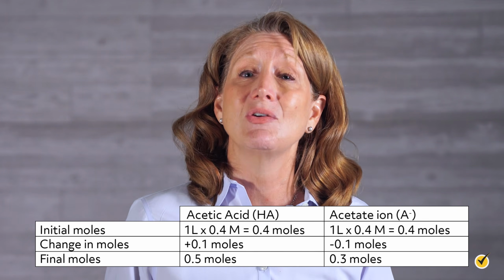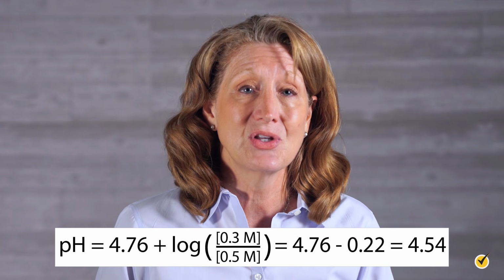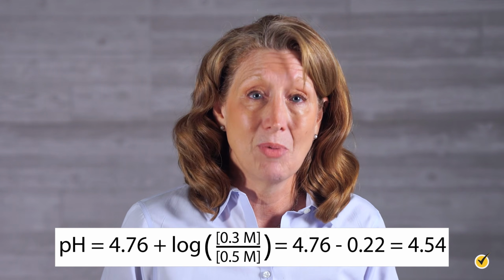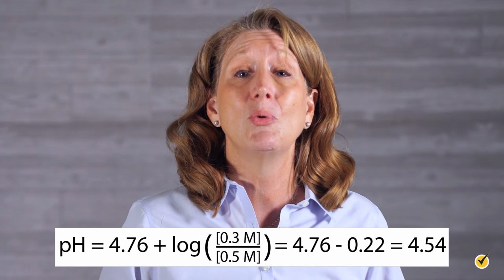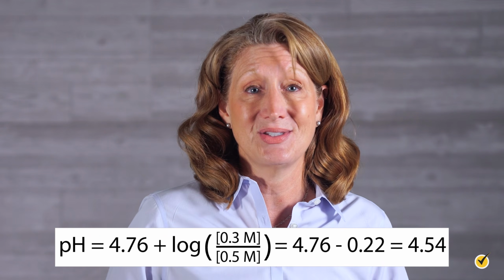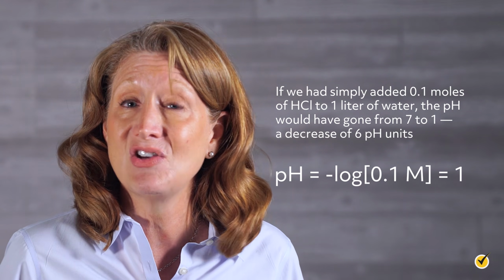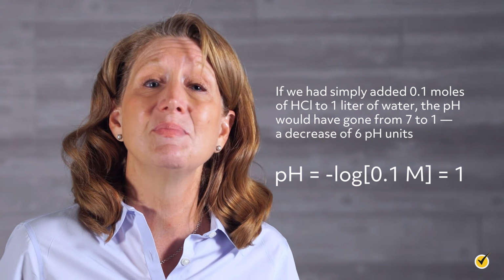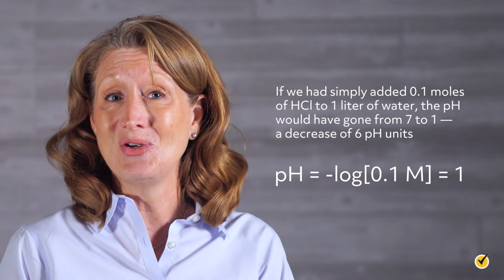Now let's see how much of this impacted the pH of our solution. Because our solution was buffered, the addition of 0.1 moles of HCl only decreased our solution by 0.22 pH units. If we had simply added 0.1 moles of HCl to 1 liter of water, the pH would have gone from 7 to 1, a decrease of 6 pH units.